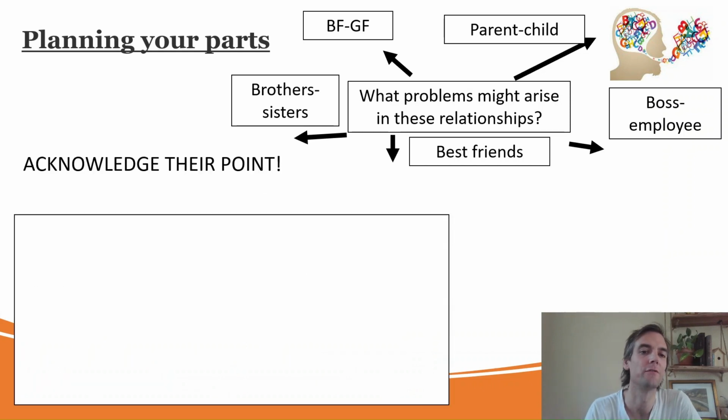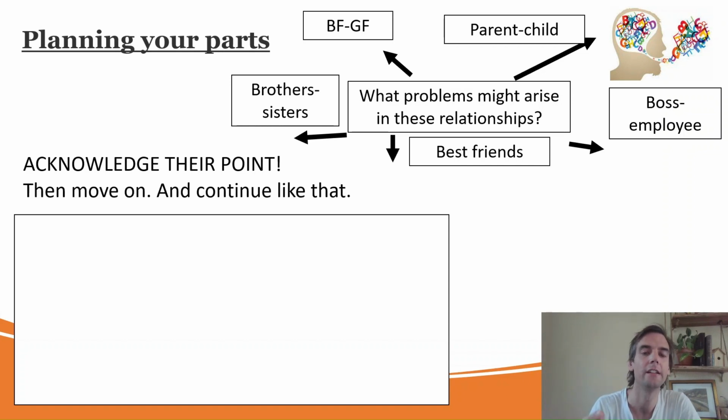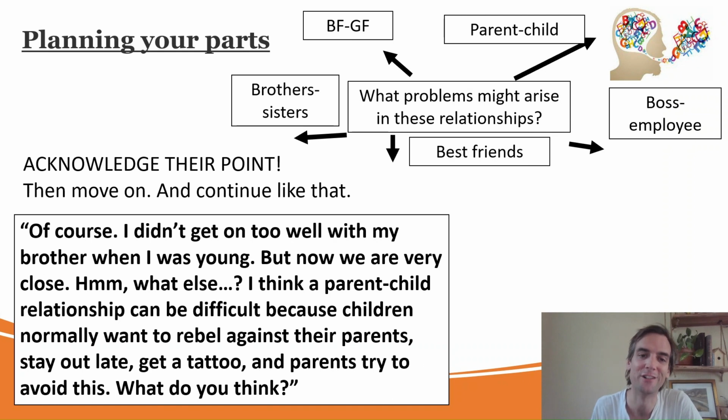So in your response, you need to acknowledge their point, acknowledge what they said. You are listening, it's a conversation. You can also be thinking about other ideas, but you need to try and be listening to what they're saying so you can acknowledge it and then move on with your point and continue like that. So something like, of course, I didn't get on too well with my brother when I was young, but now we're very close.